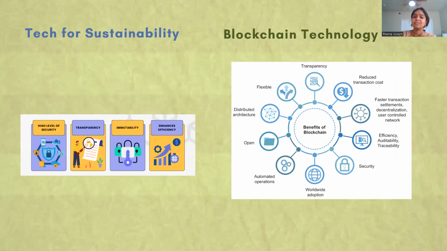So what are the advantages of blockchain technology? It's transparent, where each node, like each class teacher maintaining the attendance sheet, knows what they're providing, and another class teacher will also be able to see this data.